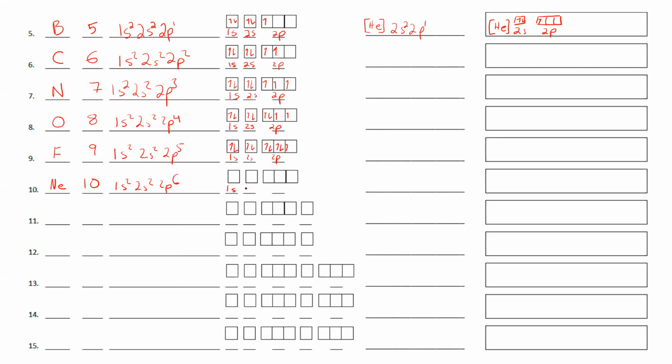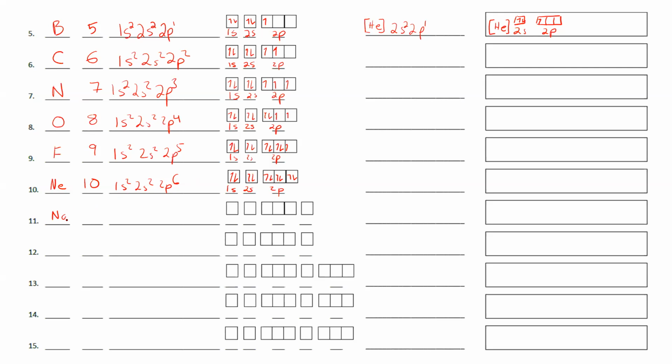And so we're going to label all of our orbitals, and we are going to insert 1, 2, 3, 4, 5, 6, 7, 8, 9, 10 electrons to make the electron configuration of neon.